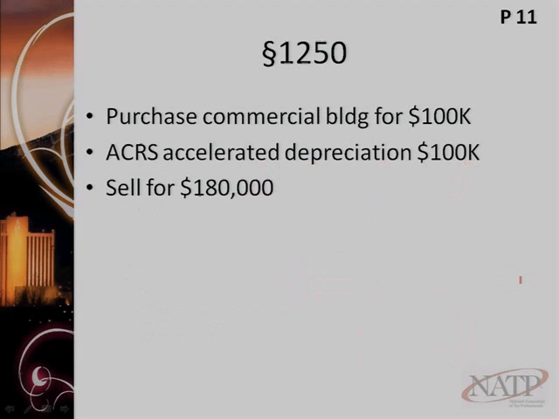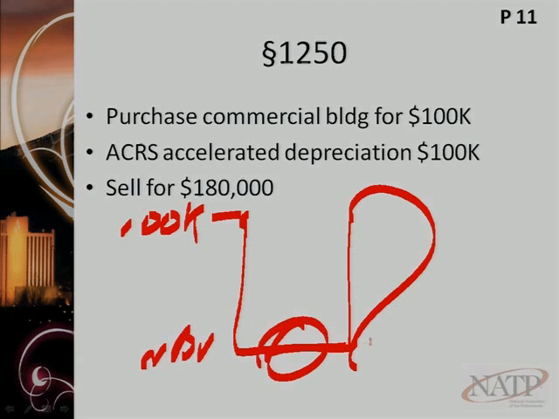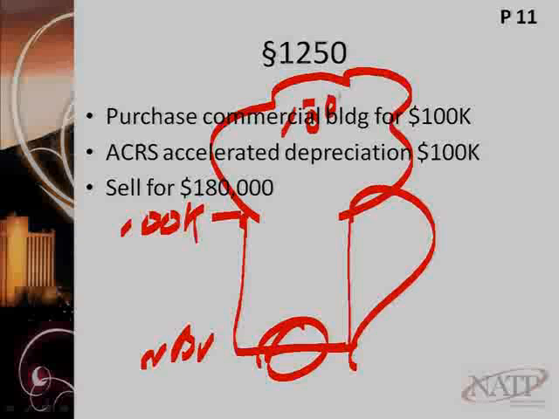So how do we summarize that? 1250 property, here's an example. Purchase a commercial building for $100K, ACRS accelerated depreciation of $100K, and it sells for $180,000. Commercial we know is as if 1245. What did I just do? $100K depreciation, net book is 0, gain is 180 total, as if 1245.